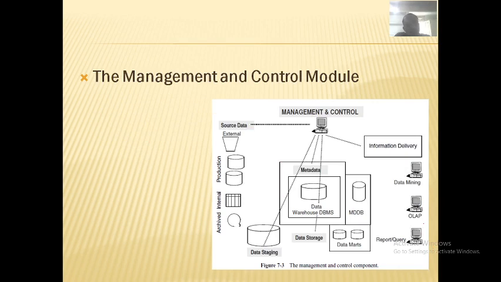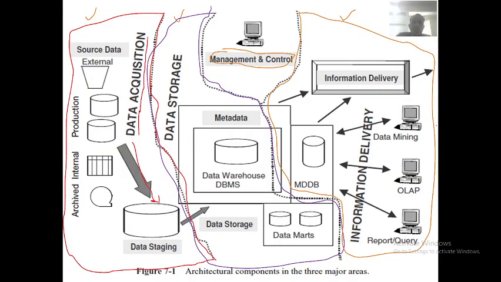Now the second architecture is the management and control component. It's an architecture for management and control. As we have seen here, this is the management and control system. It is controlling all three areas: data acquisition, data storage, and information delivery system. Got it?